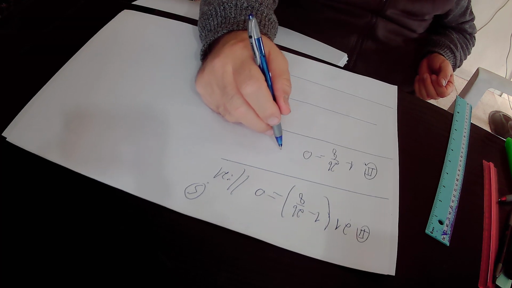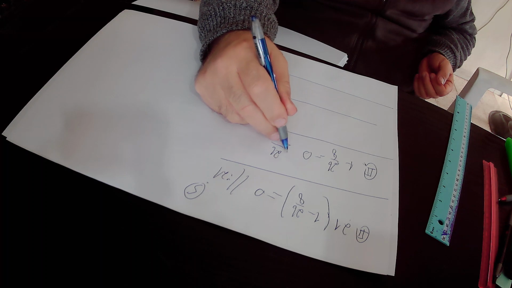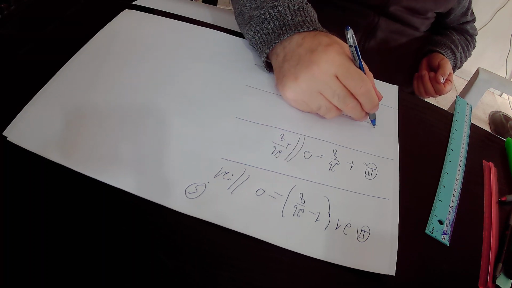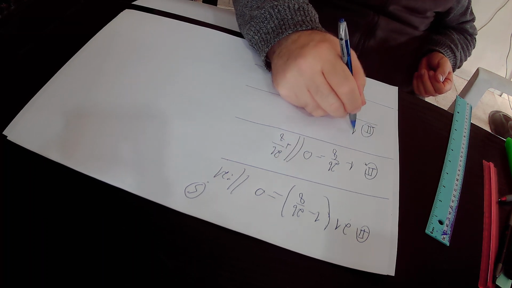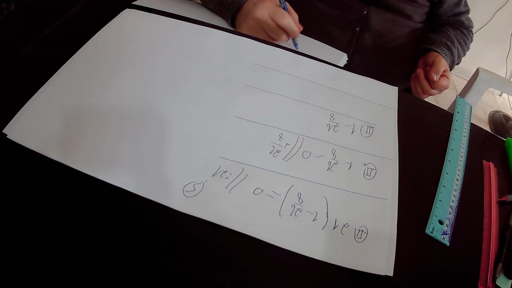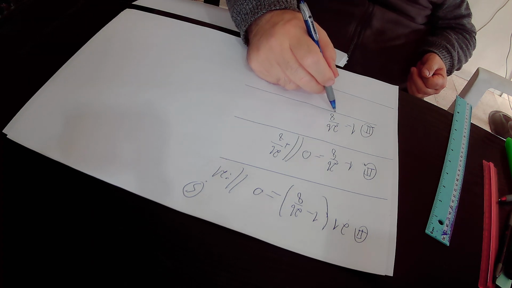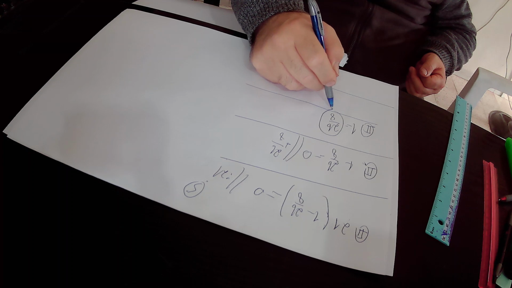Here we will add 2b over 8 to this equation 2, and you get that 1 equals 2b over 8. So here we divide both the numerator and the denominator of this expression by 2.